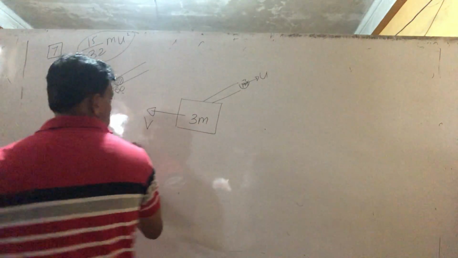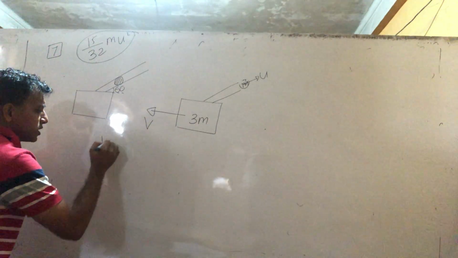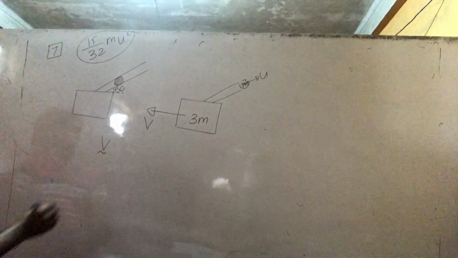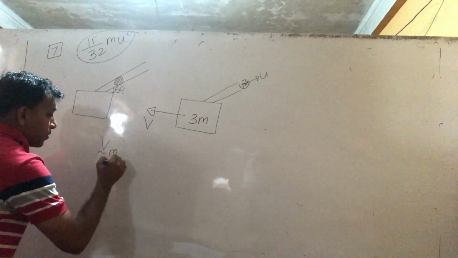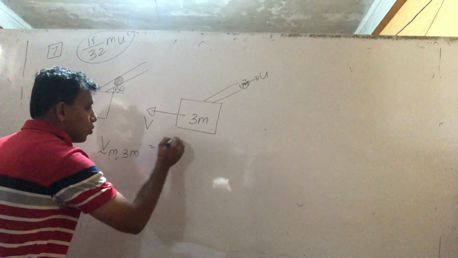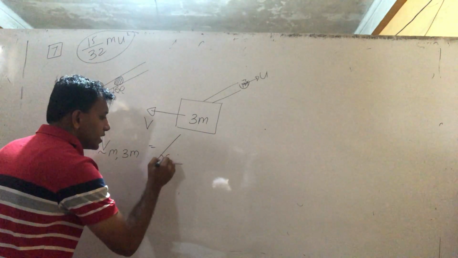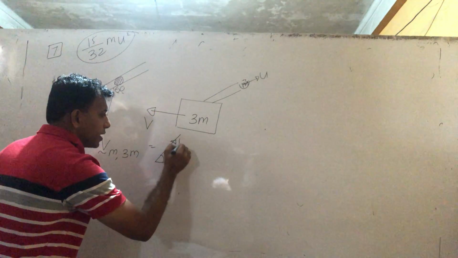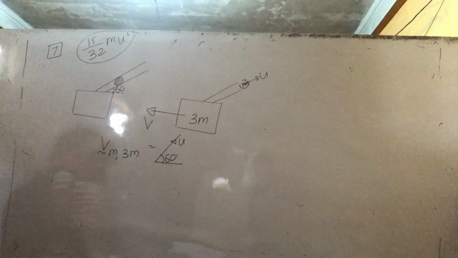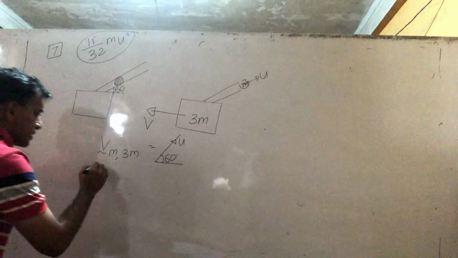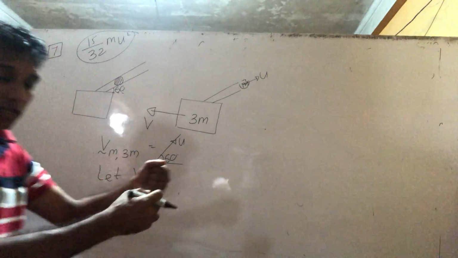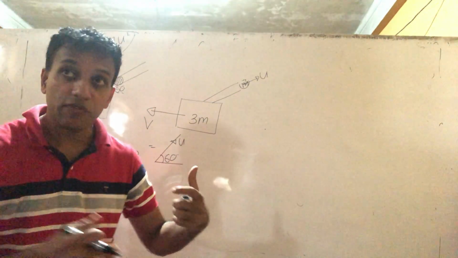Now see, if I show the velocity of small m relative to 3m, I mentioned small m and 3m, with the incline at 60 degrees like this, u speed at 60 degrees. And let the velocity of this one be the arm coming back.